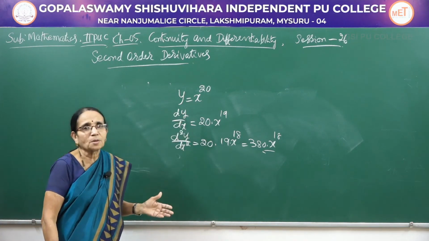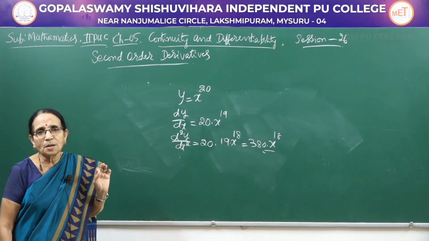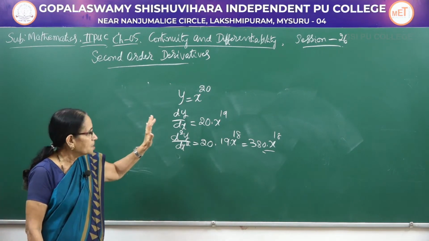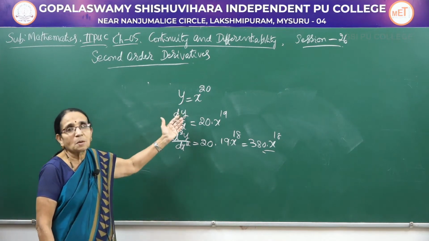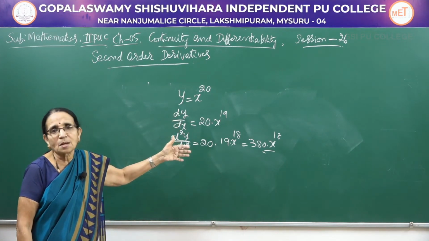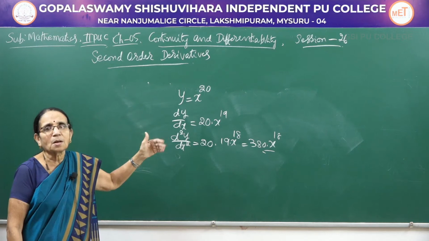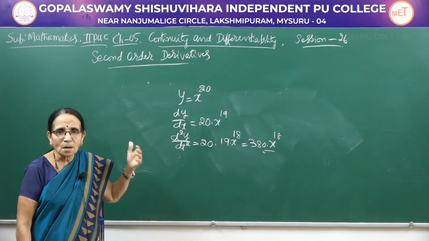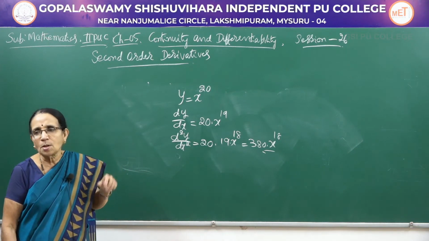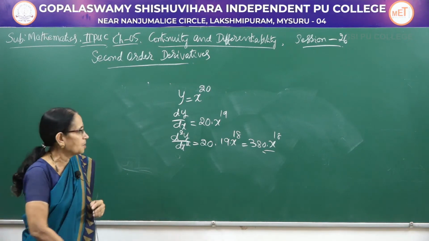So whatever may be the function that is given, if you are asked to differentiate 2 times, apply the correct formula and differentiate 2 times. Sometimes in the beginning it may be a simple function. After the first derivative, it may become a composite function or a product or a quotient, depending upon the function that is given. Then apply the appropriate rule and then find the derivative.